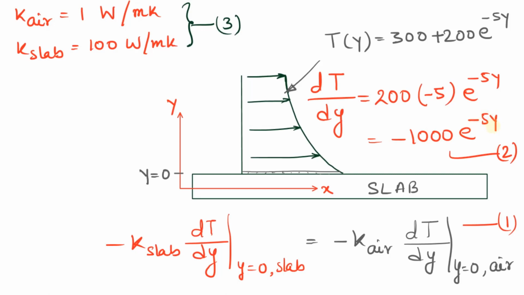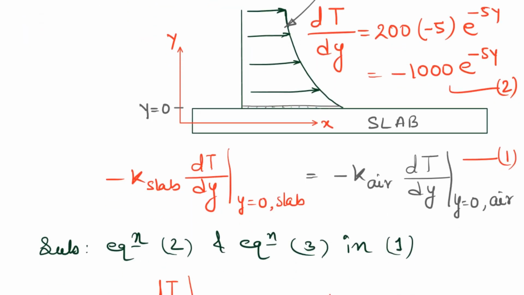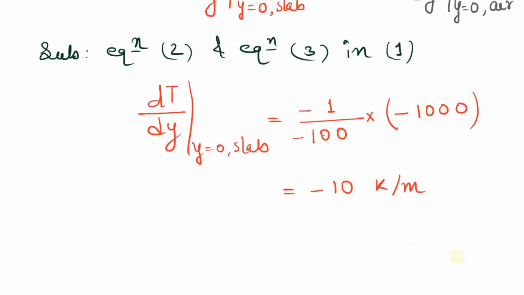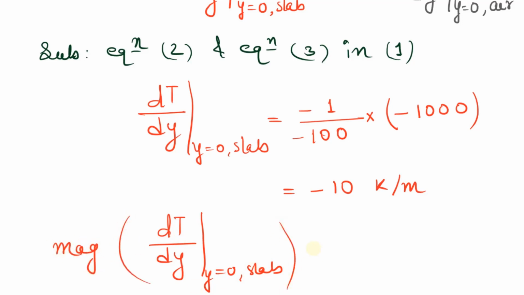If we put y equal to 0 here, we have negative 1000, and this is also negative. So we get the temperature gradient in y direction for the slab as negative 10 Kelvin per meter, and if we take only the magnitude, we can write it as 10 Kelvin per meter.